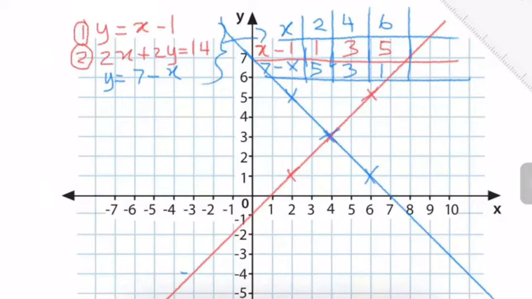4, 3. Values of x is 4. Yeah, values of x is 4. This one. Value of x is 4 and values of y is 3.